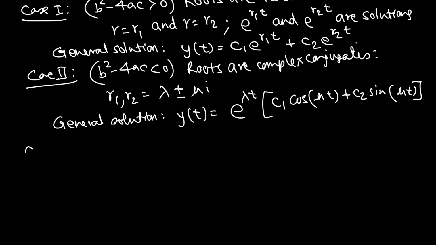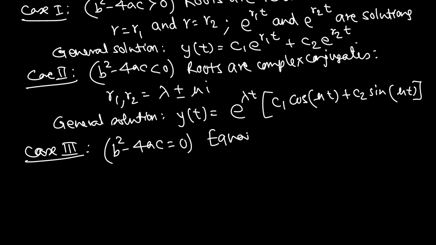Now case 3, if the discriminant b squared minus 4ac is 0, then we get the equal roots case. Let's say r1, r2 both equal r. Then one solution is just e raised to rt. So we have only one solution, by the way.